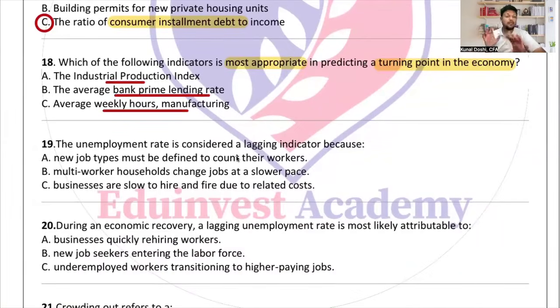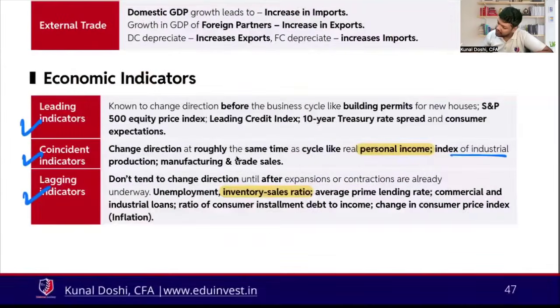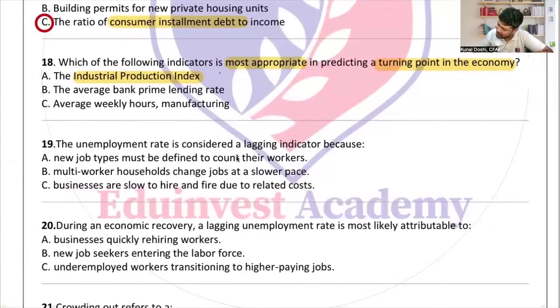Before you answer, tell me what these three indicators are. Coincident, leading, lagging? Industrial production index. It's a coincident indicator. Correct?